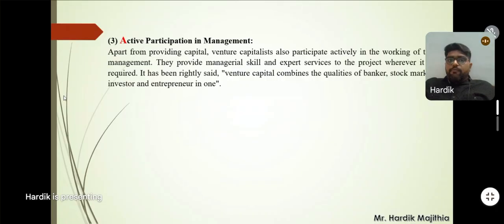They provide managerial skills and expert services to the project wherever required. It has been rightly said, venture capital combines the qualities of bankers, stock market investors, and entrepreneurs in one.